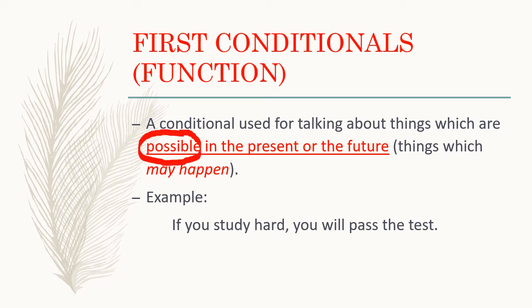So first conditional talks about things nga posible matabo san-o, subong, or in the future. Okay? So to add things which may happen. Okay? That's why the example sentence is, if you study hard, you will pass the test. It is possible that you will pass the test as a result of you studying hard.